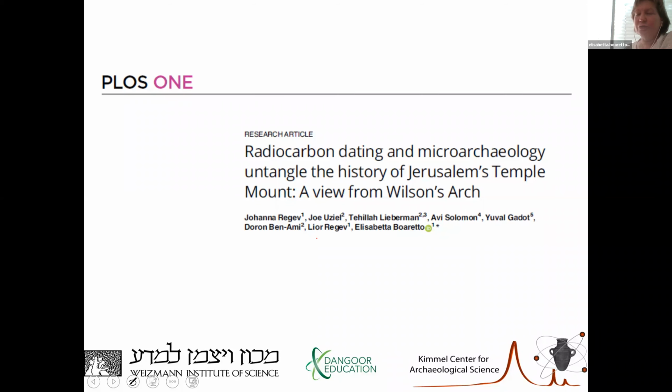We are talking about Jerusalem at the Roman time, a period that we have text, we have records, we have inscriptions and absolute dates, and a period that not only in Jerusalem but in general has not been studied using C14, because we have coins, we have, as I say, text, and so it seems that C14 accuracy and precision is not as good as the historical record.